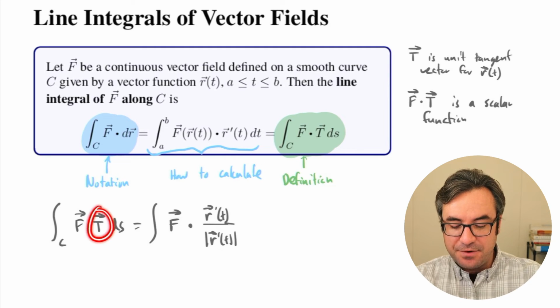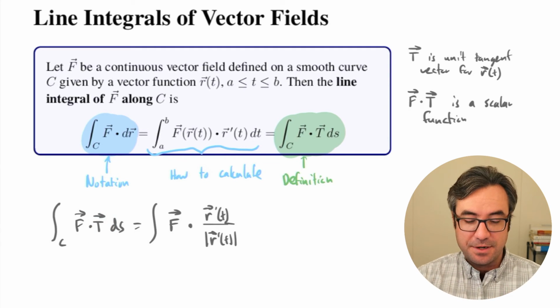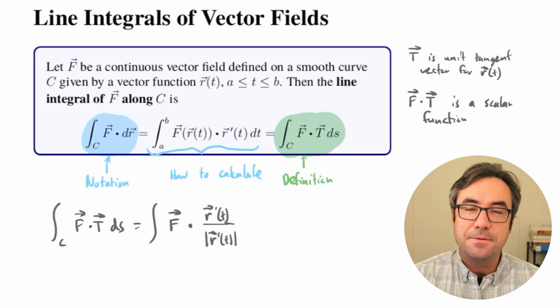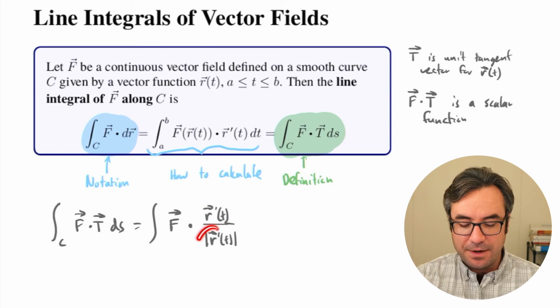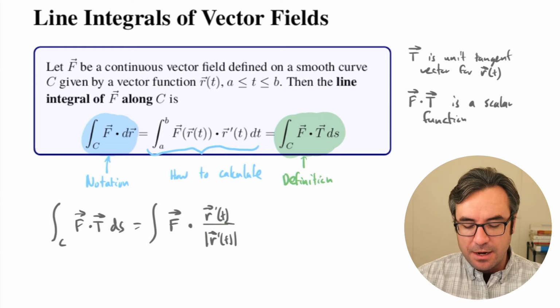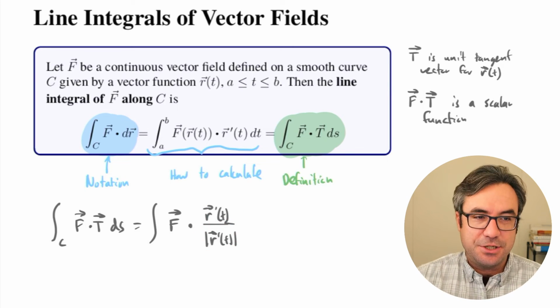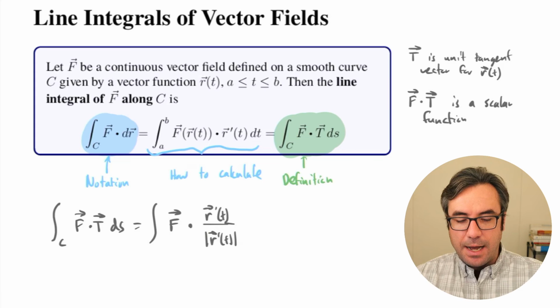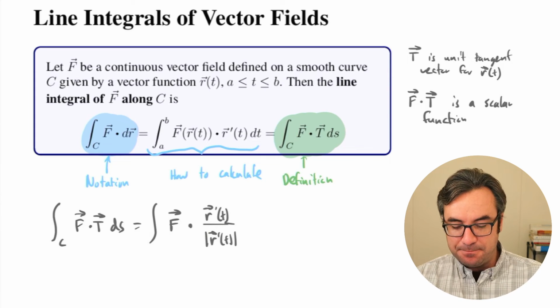So this is the definition of the unit tangent vector. It's the derivative divided by the length of the derivative. And that division by the length is what makes it a unit tangent vector. R prime is just the tangent, and dividing by the length makes it the unit tangent. So that's T.